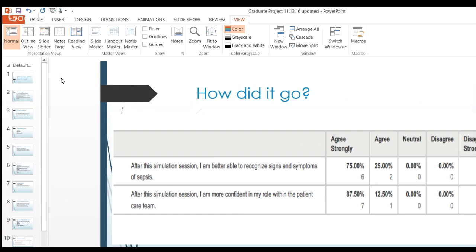And when we look at if they felt more confident in their role within a patient care team, that result went up to 87.5%, which is something we wanted to see with this project. We wanted to provide needed information and education on sepsis, and also have the learners walk away from the experience feeling empowered and not defeated.